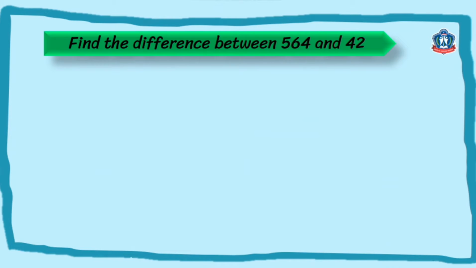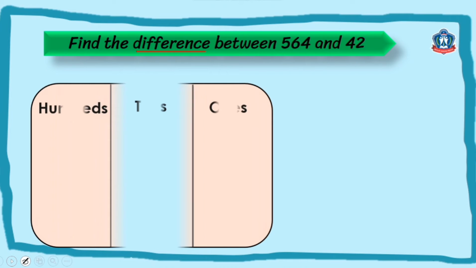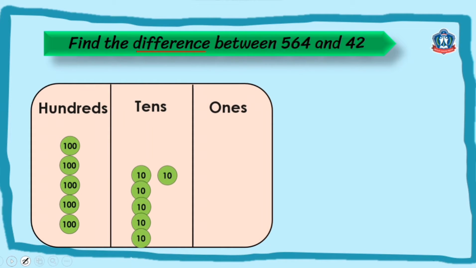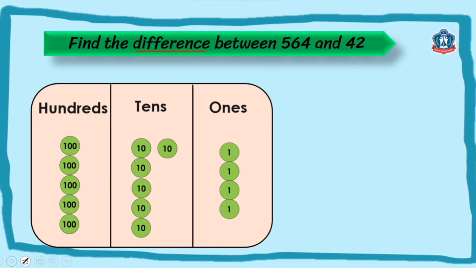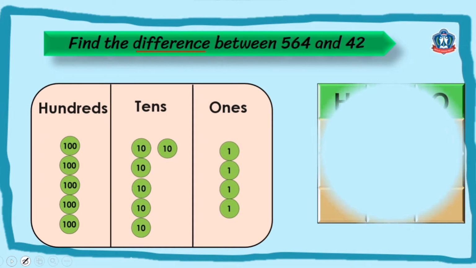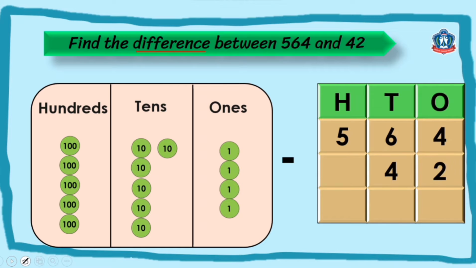Another problem, another example. Find the difference between 564 and 42. When we see difference, children, it means we will subtract the smaller number from the bigger number. So we have 564. Then we will put our numbers in a place value chart like this, so it will be easier for us to subtract. This is what we call the vertical form. When we subtract like this, we will start from the smallest place value, and that is ones.